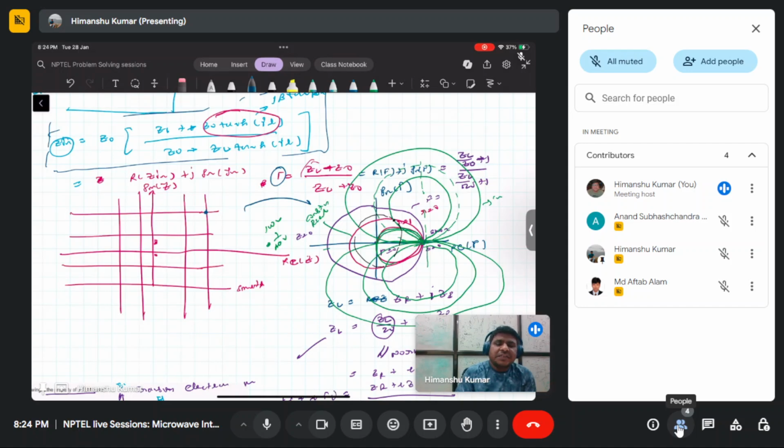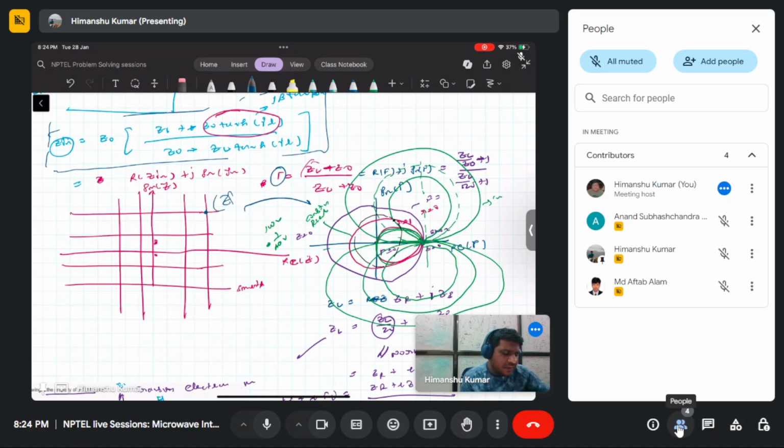You can just print it out, and you don't need infinite space to represent those impedances, whatever impedance value you have in the complex impedance plane.